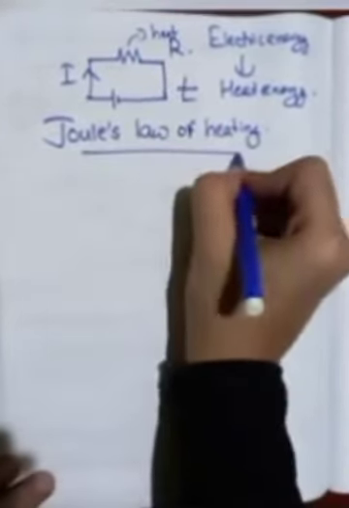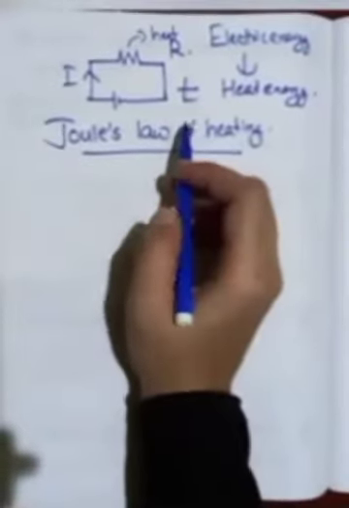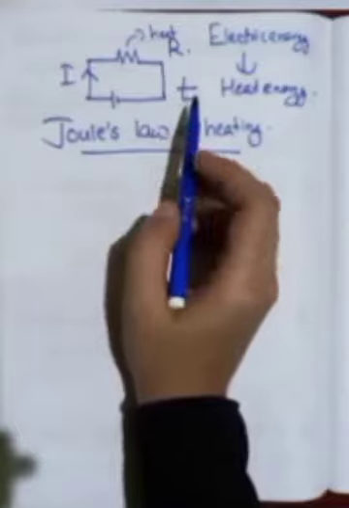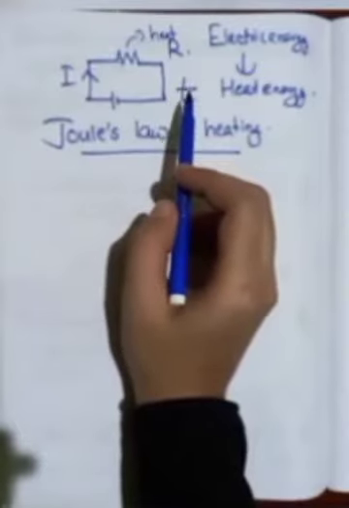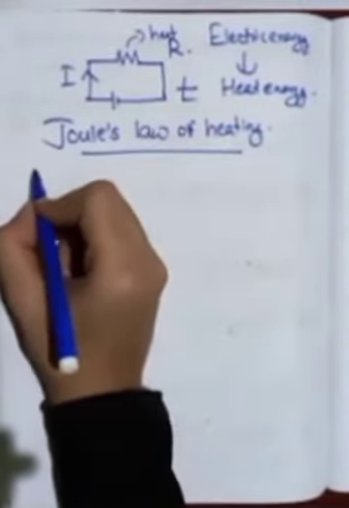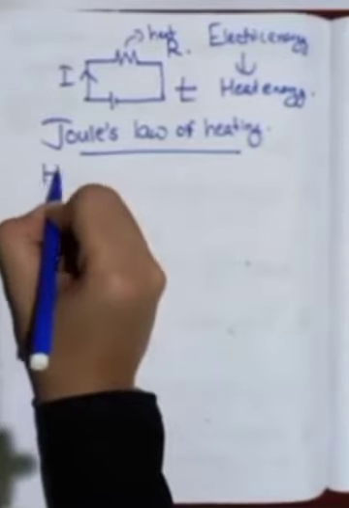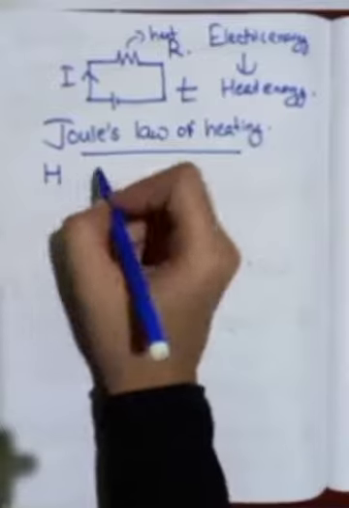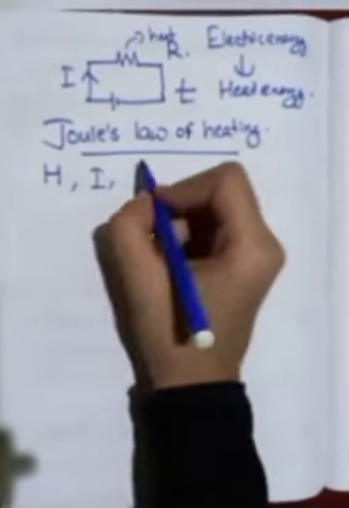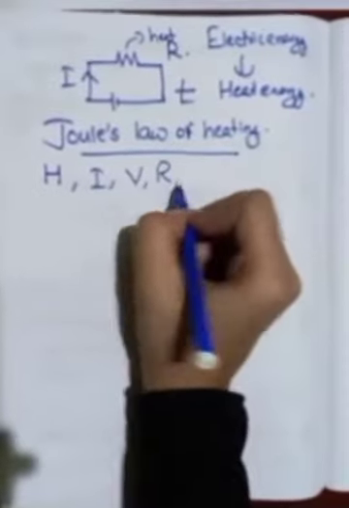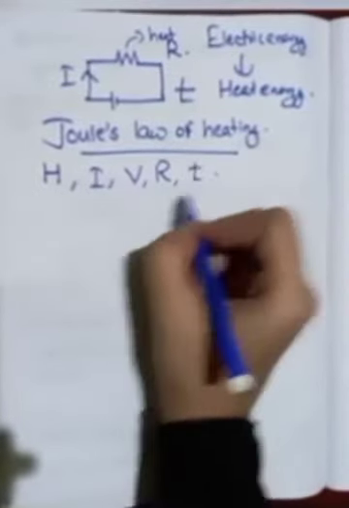Joule's law of heating gives how much energy gets converted in the resistor as heat, and how much heat is produced in time t. Here the amount of heat produced is H, the current is I, the potential difference is V, the resistance is R and the time is T.